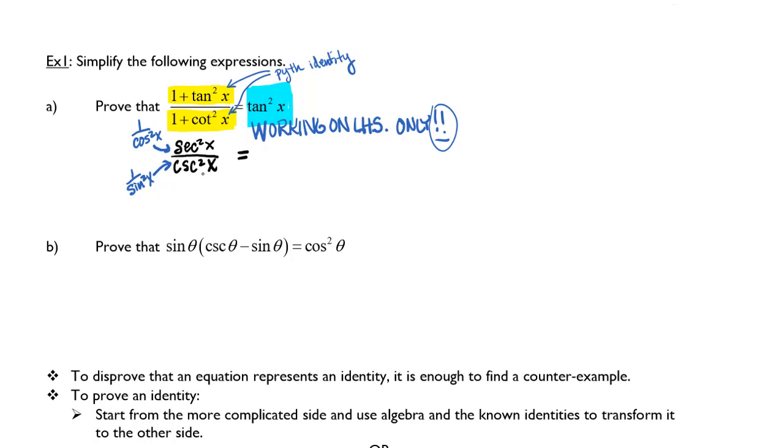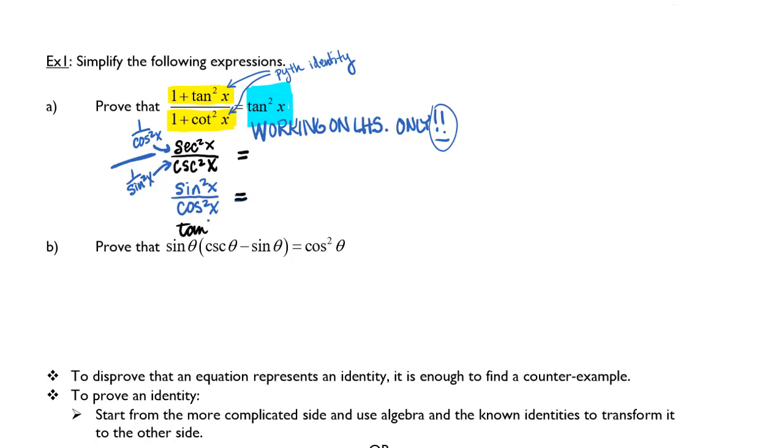And so I have a fraction divided by a fraction, so to speak, which means I can flip the denominator's fraction over, and that will give me a sine squared x over cosine squared x, and hey, that looks familiar. I'm making progress.